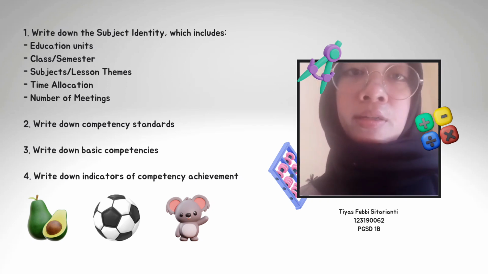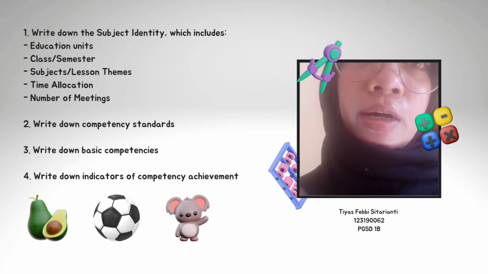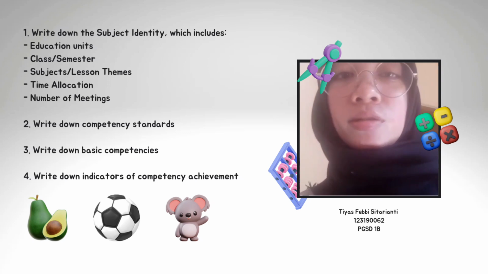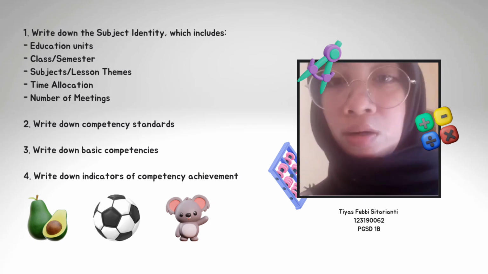In creating these indicators, teachers also need to look at the same basic competencies in the class before and after, so they can be more precise in determining indicators according to the class where the basic competencies are taught.